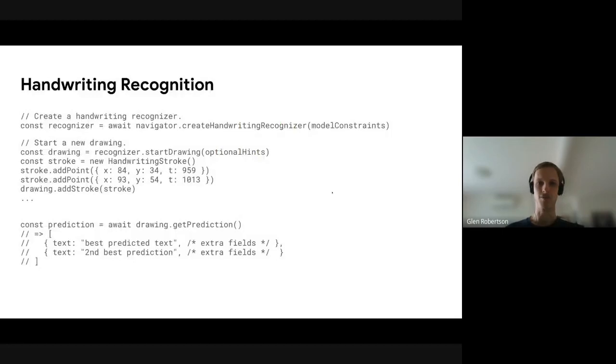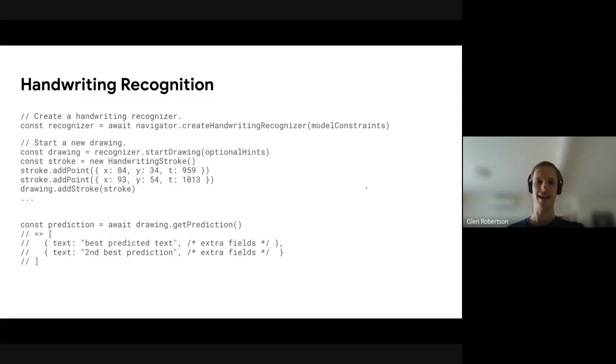The way it works from a technical side is you make this handwriting recognizer. You can put in some constraints on the recognizer, like which languages you want it to recognize. Then you just pass in your strokes and points into the recognizer, and then you can ask it for a prediction of what text it thinks you've written.